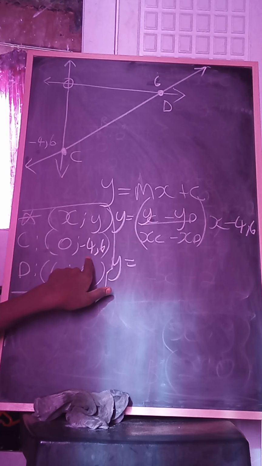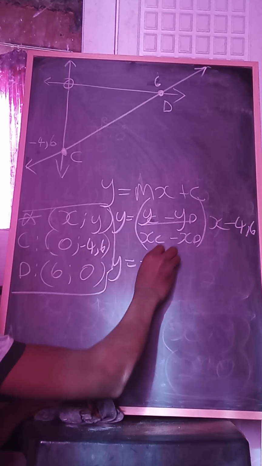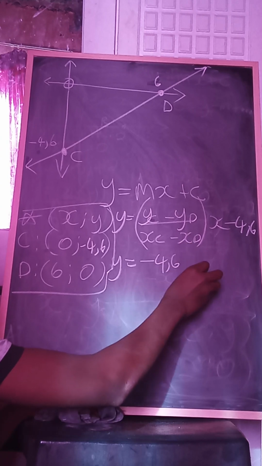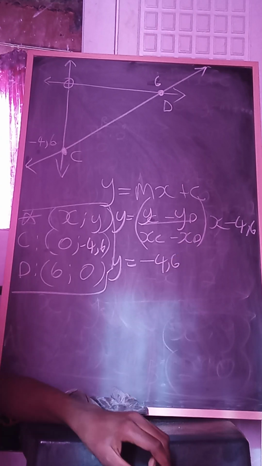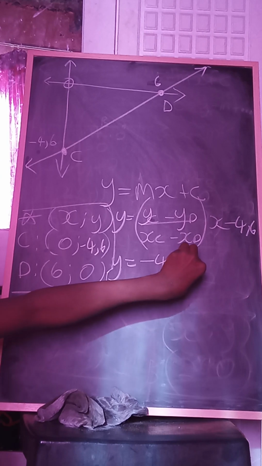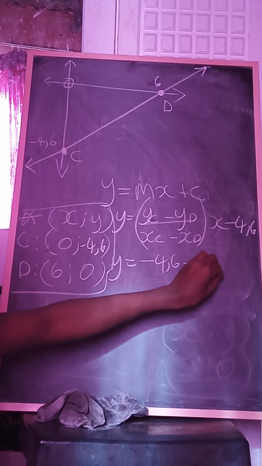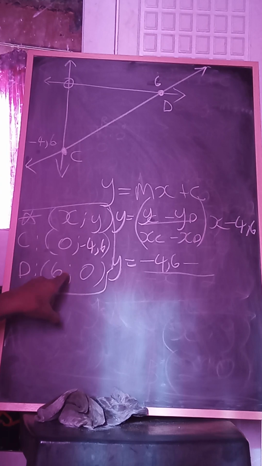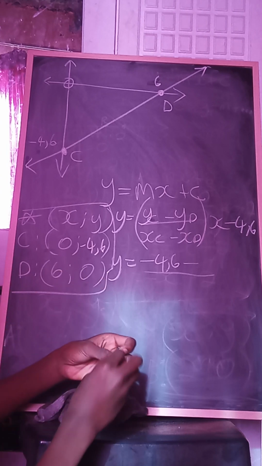The y coordinate for C is negative 4.6, and the y coordinate for D is 0.